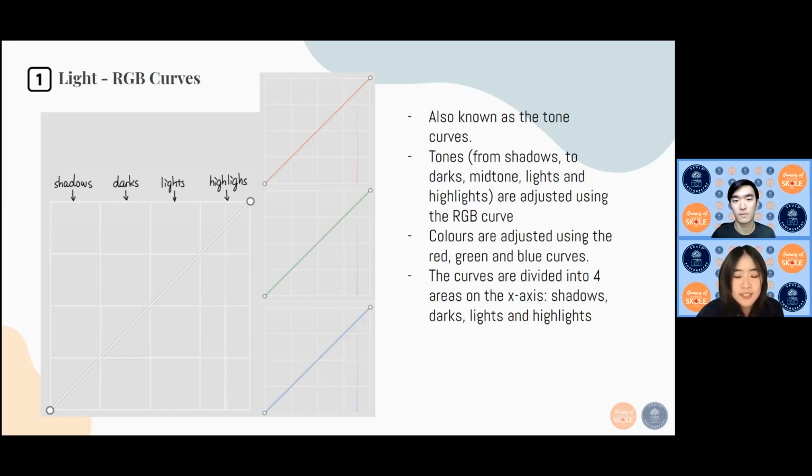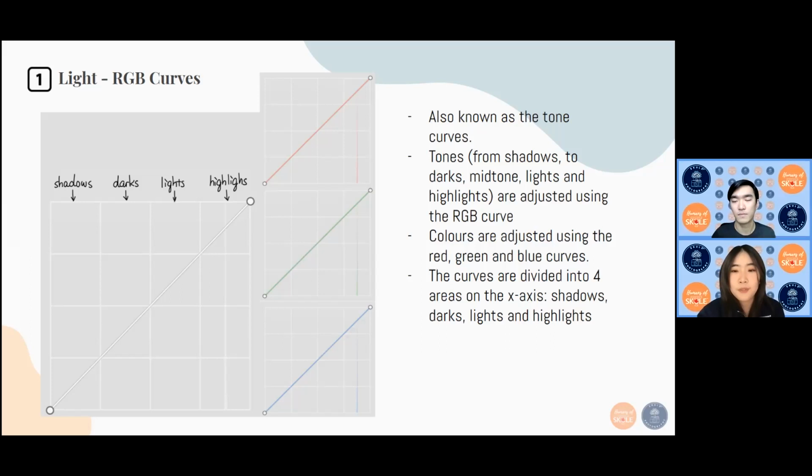On the x-axis, the curves are divided into four sections: the shadows, the darks, the lights, and the highlights, and you just wiggle the curves up and down to adjust it. The y-axis indicates the amount of light. The lower you go, the less light you get, and on the top, you get more light. So that's basically how it works.